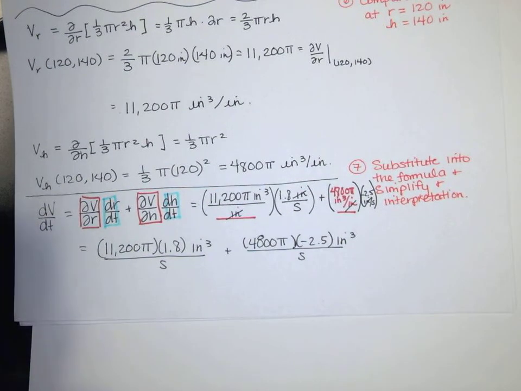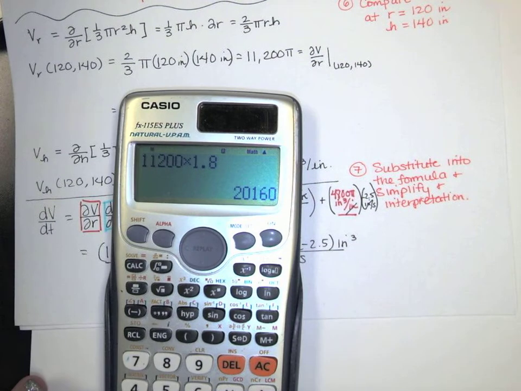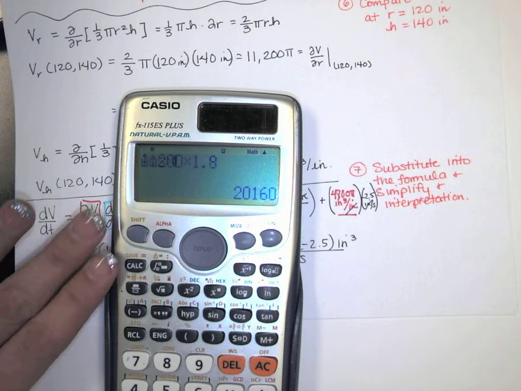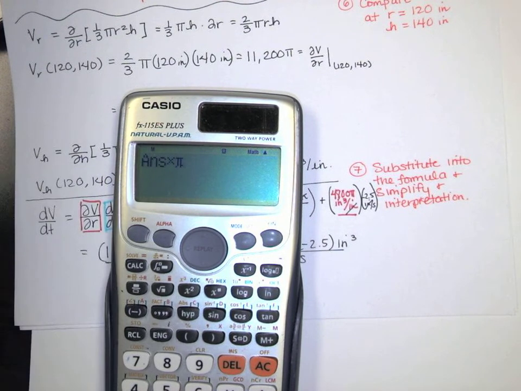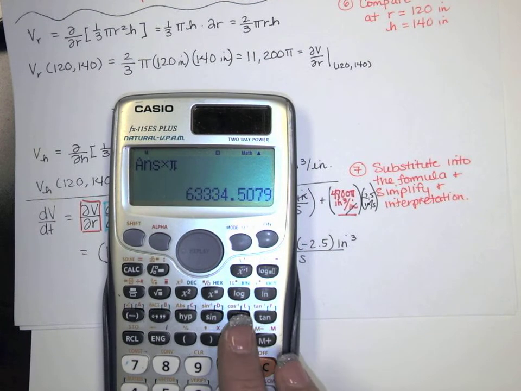I'm going to calculate these, 11,200 times 1.8. And I think I will multiply by pi this time, get an approximation, just so that we have a better sense of what's going on. That calculator is always good about giving me the exact answer. So I'll press this button here, which gives me the decimal approximation.